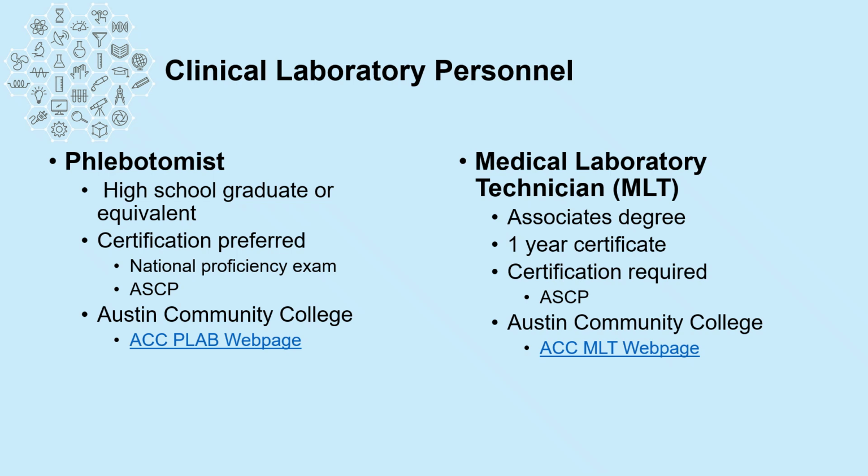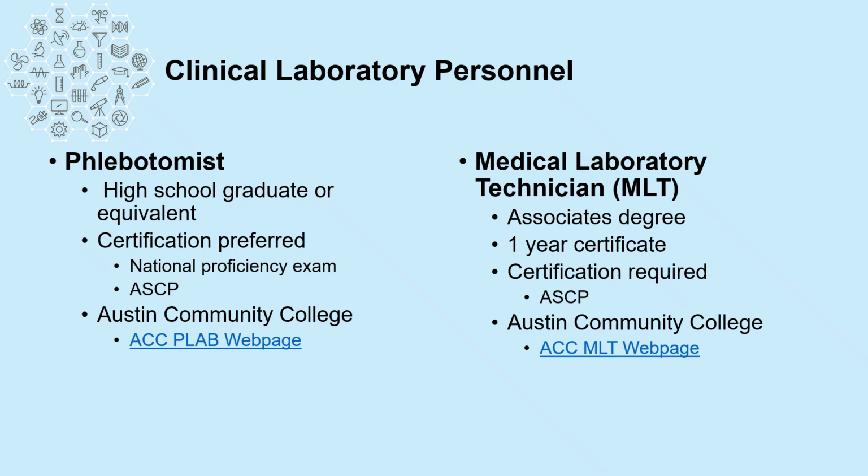For the next person, a medical laboratory technician, these people perform the analytical tests in a clinical laboratory. To become a medical laboratory technician, you need to have a 2-year degree from an accredited community college or technical college, such as Austin Community College. These are typically 60-hour programs. The first 30 hours are going to be prerequisites.